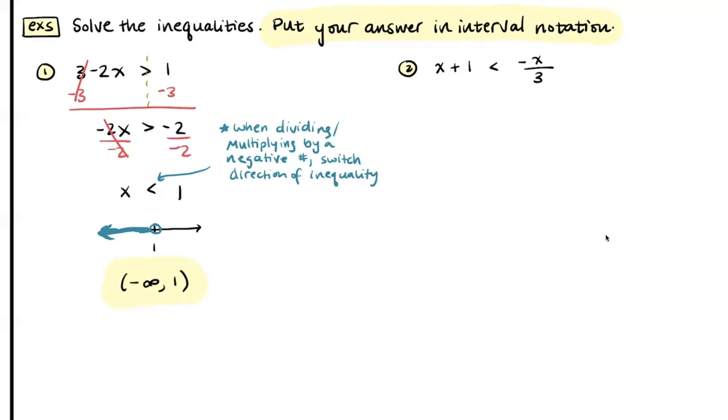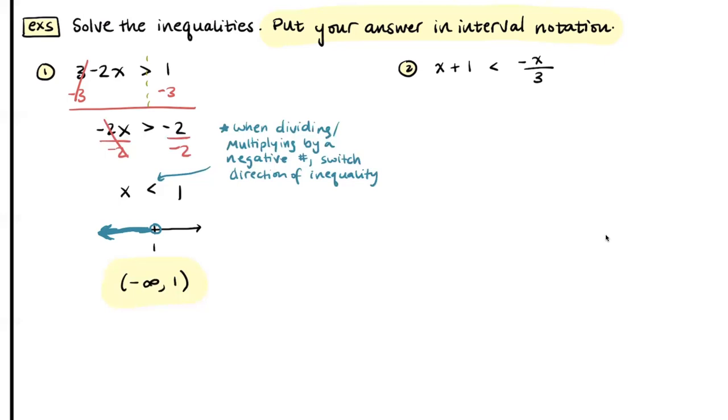All right, number 2 is x plus 1 is less than negative x divided by 3. Now, most of the time in our classes, we won't have time to do a ton of examples, but I choose the examples that we're doing most of the time to illustrate a certain thing.